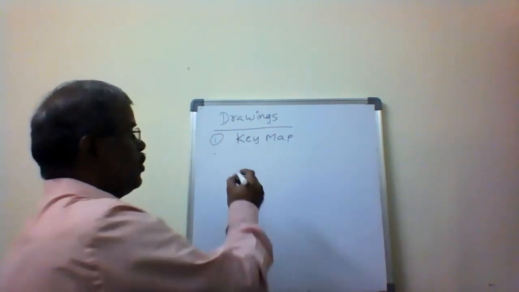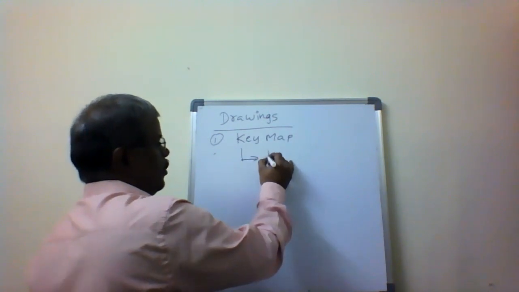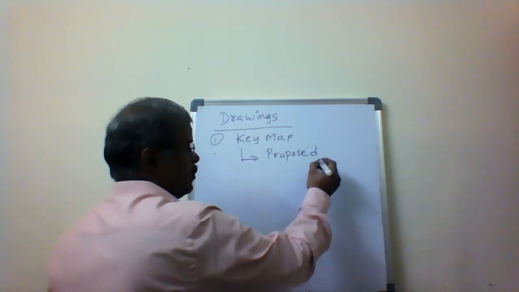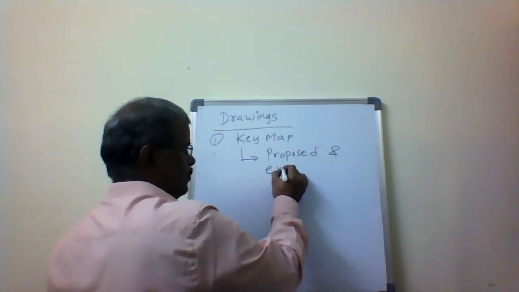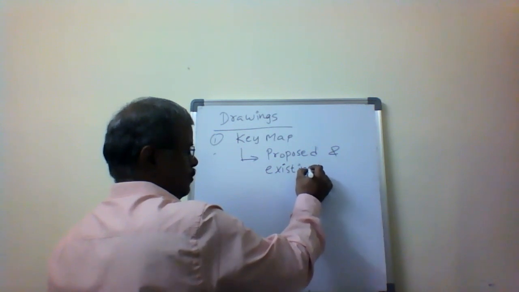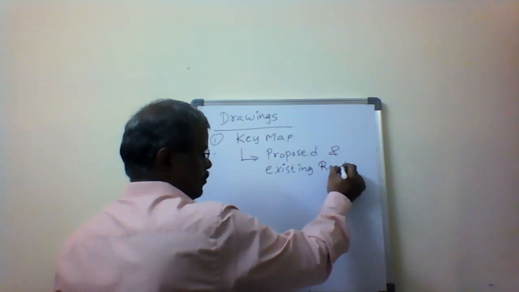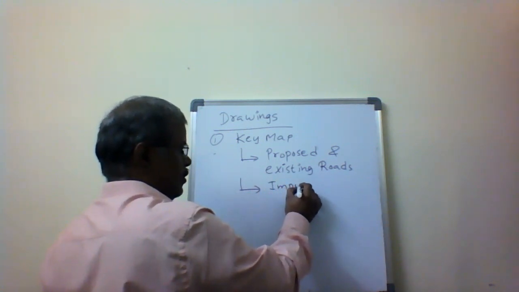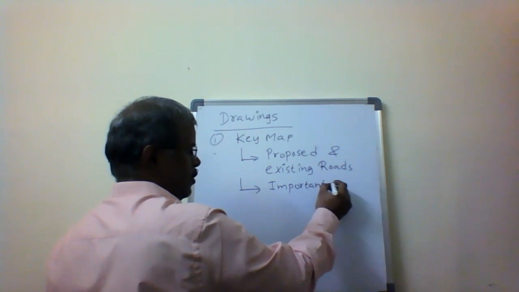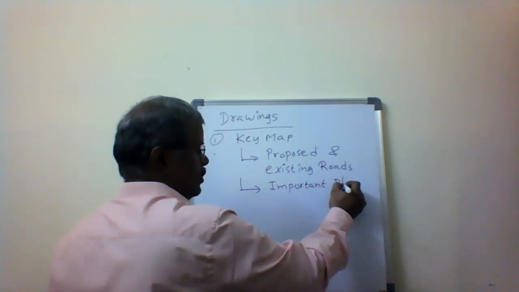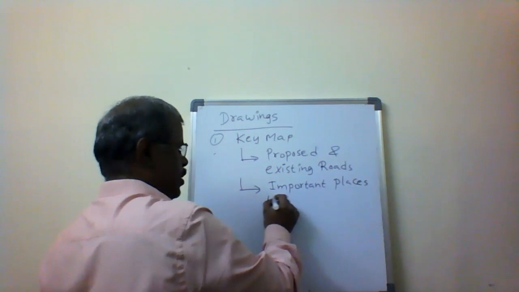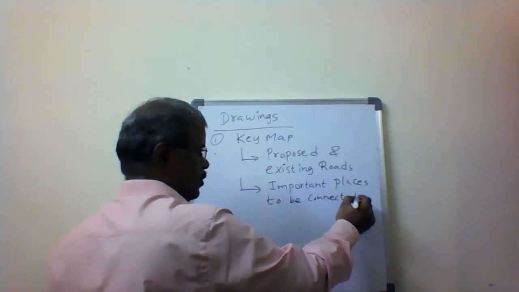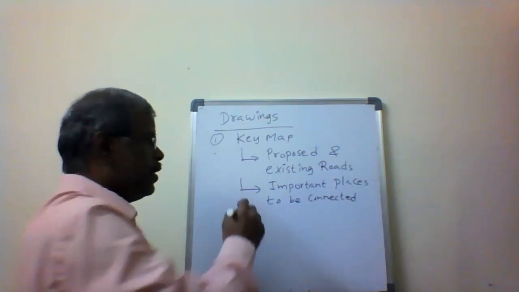So the key map is going to be showing the proposed and existing roads. The second one is going to be called important places to be connected. This depends upon the length of the road.